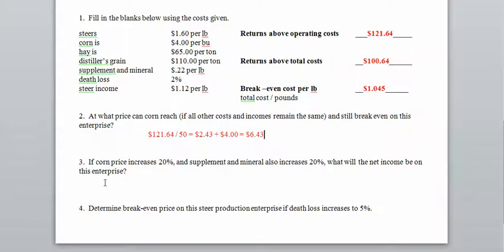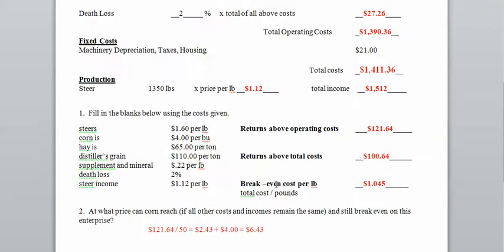Okay, what will be our net income if corn price increases 20% and supplement and mineral increases 20%? Okay, so what if corn increases 20% and supplement and mineral increases 20%?